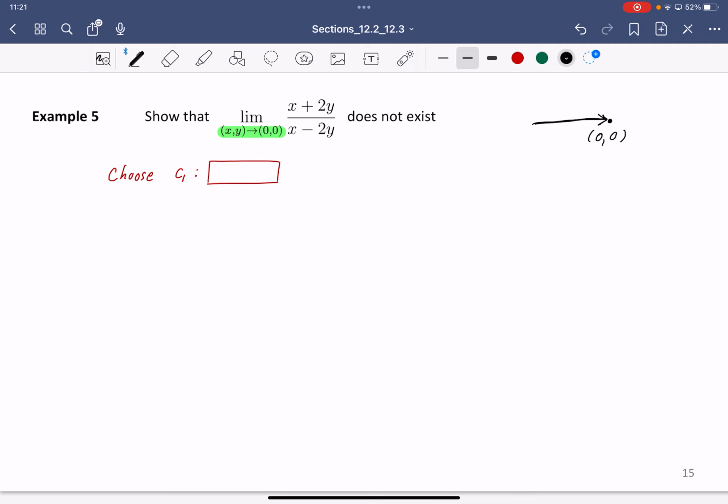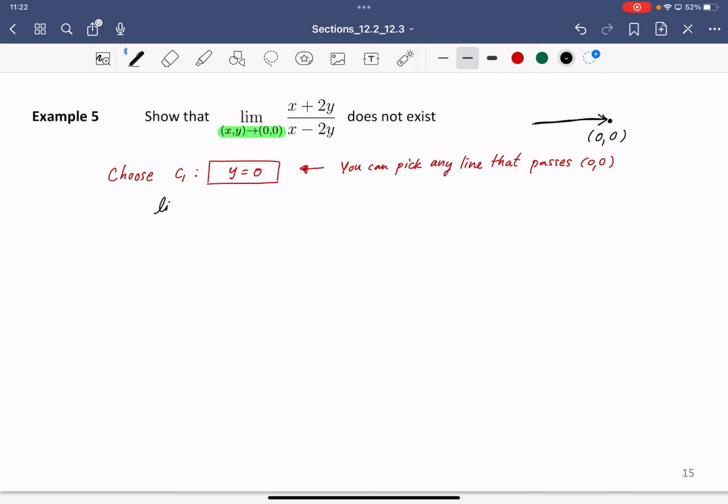So we pick C1, y equal to 0. Technically here, you can pick any line that passes through 0, 0. It will work. So y equal to 0 is the first one that I'm going to pick.